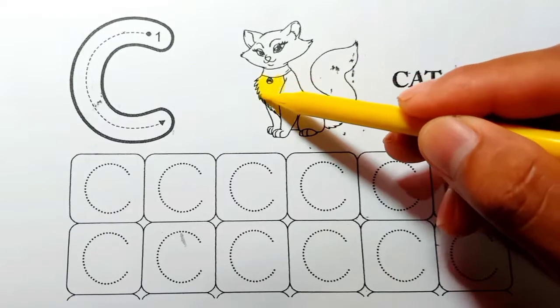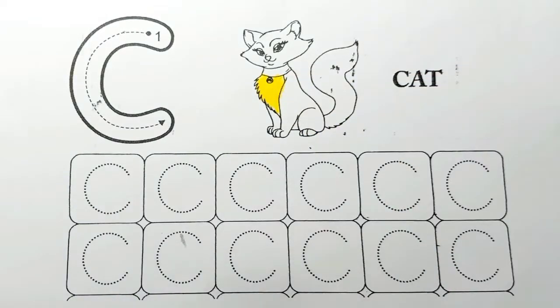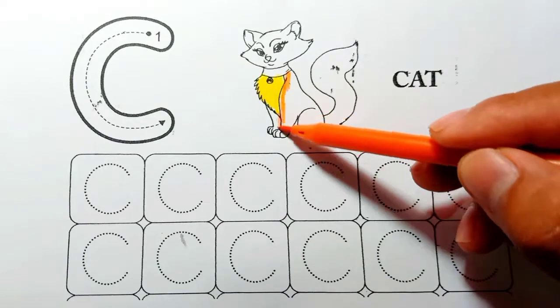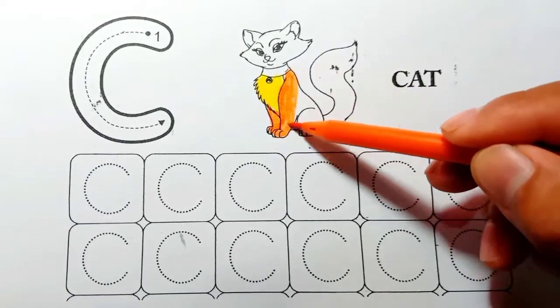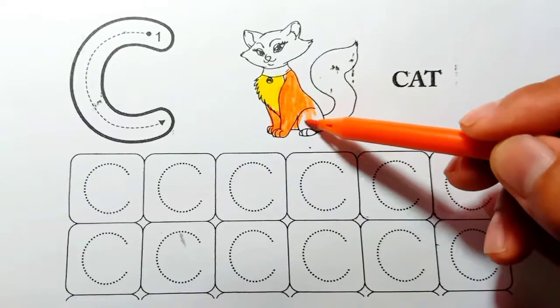Now time to draw a letter, C, and C is for a cat. Let's go, kids. We are coloring the cat together.